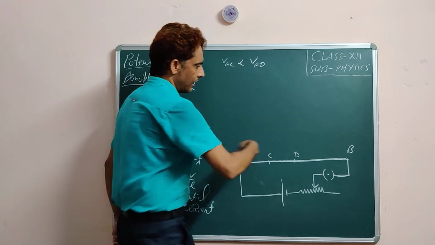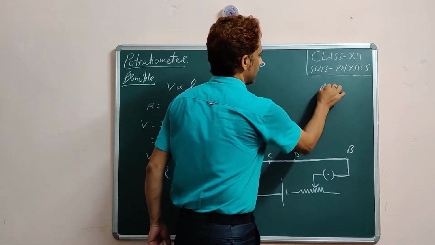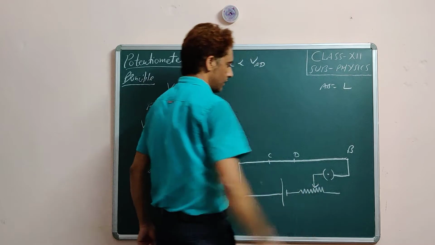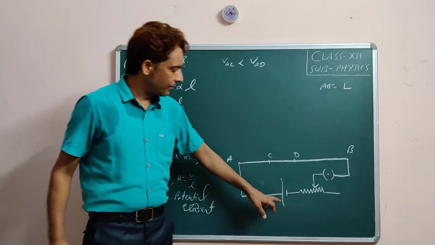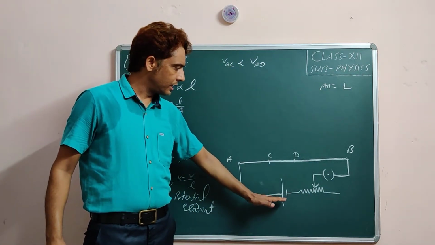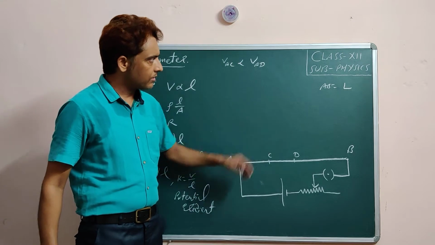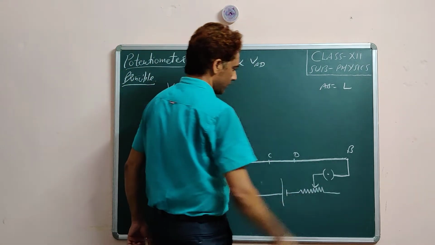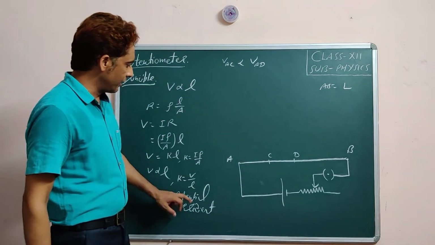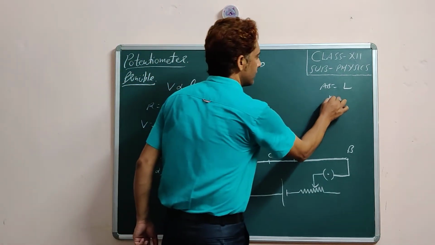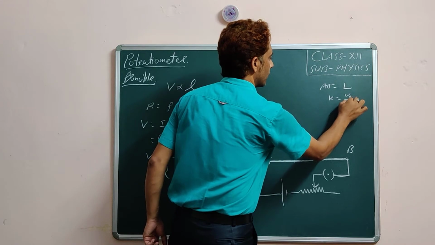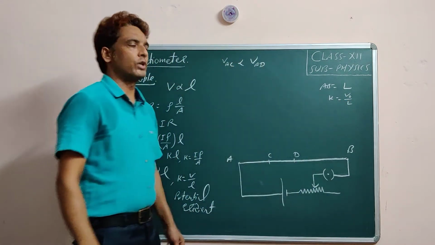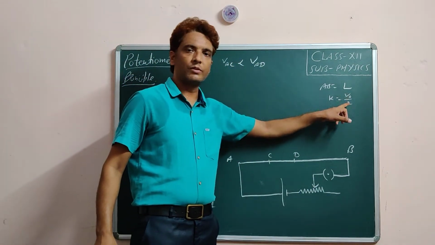If length of this wire AB is equal to L, and if this cell sets up a potential difference V naught across it, then the potential gradient will be given as K is equal to V naught over L. This is potential difference per unit length of the wire.